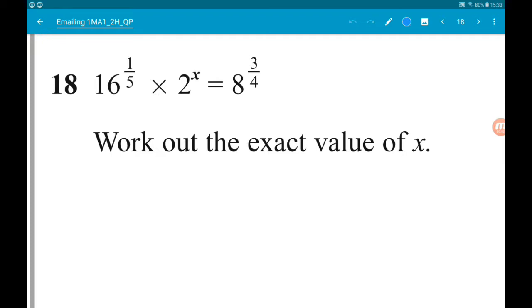So 16 is 2 to the power 4. 8 is 2 to the power 3.